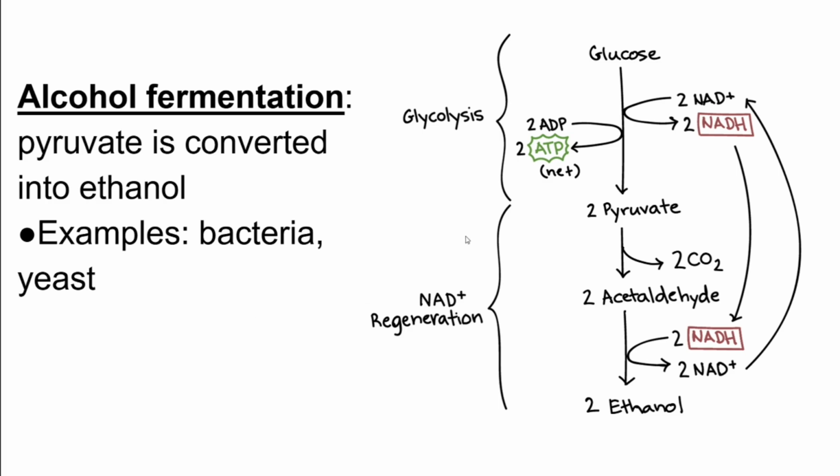Those things require an oxygen depleted environment. So you put yeast into a liquid, and then you seal the bottle with a cork, and you deprive that whole environment of oxygen, forcing the yeast to undergo alcohol fermentation and producing ethanol.